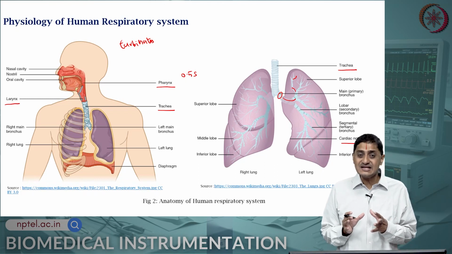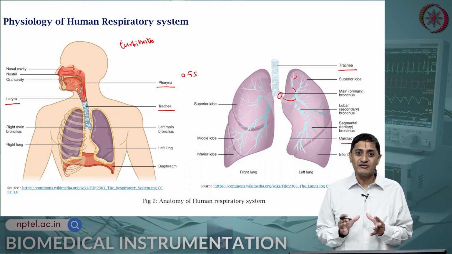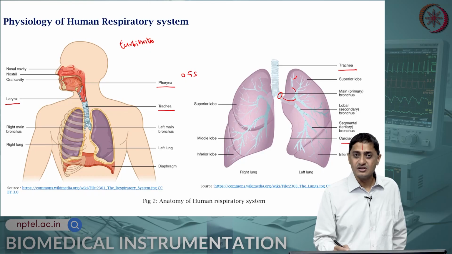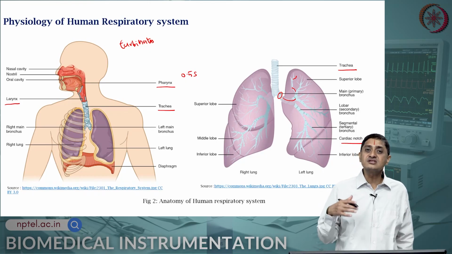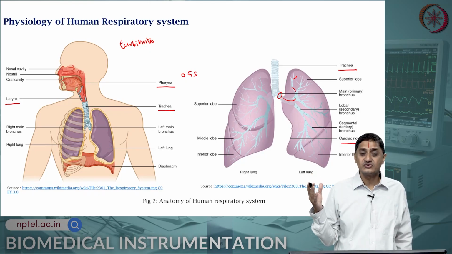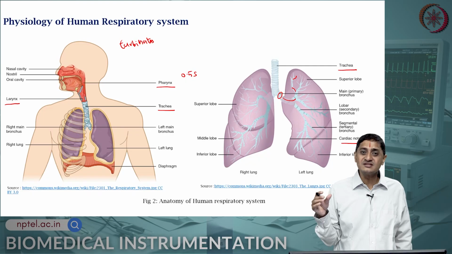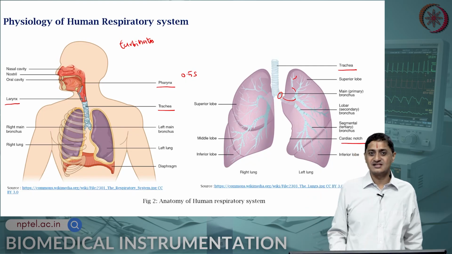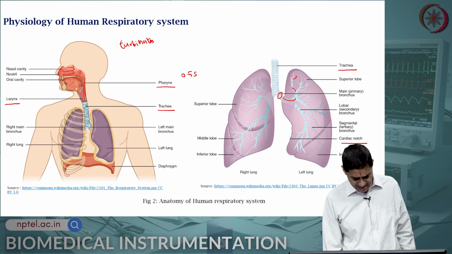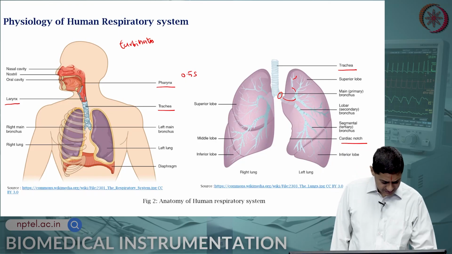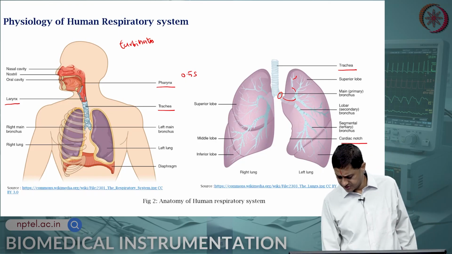It is an excellent example of evolutionary engineering wherein suddenly the surface area increases to several thousands of square centimeters. It's a huge surface area. That is possible only because of this 23 time branching that is happening within the lungs. Again, the detailed physiology is beyond the scope of this course.